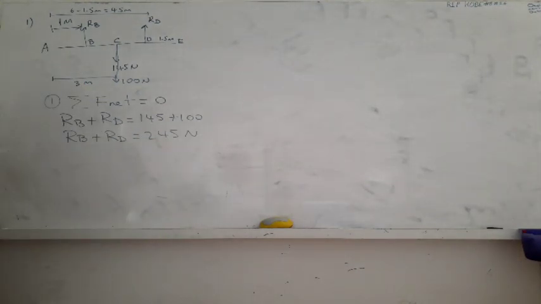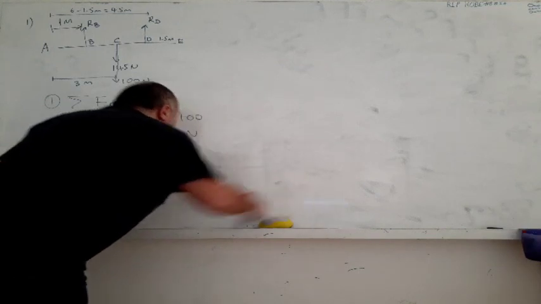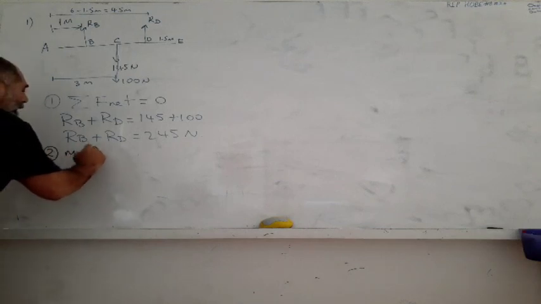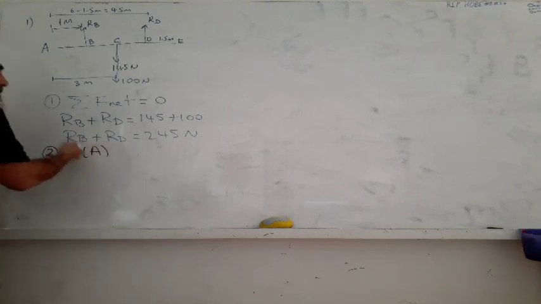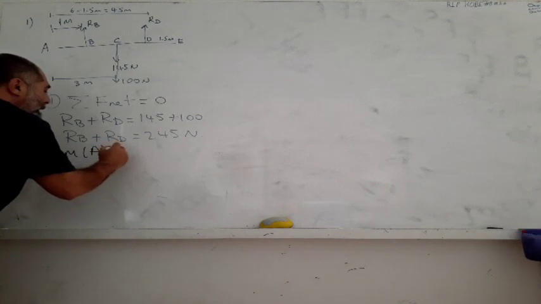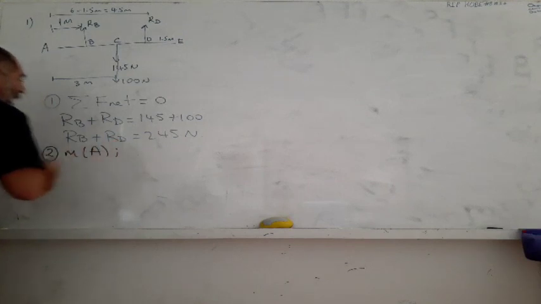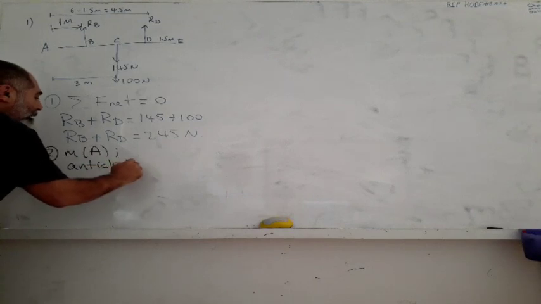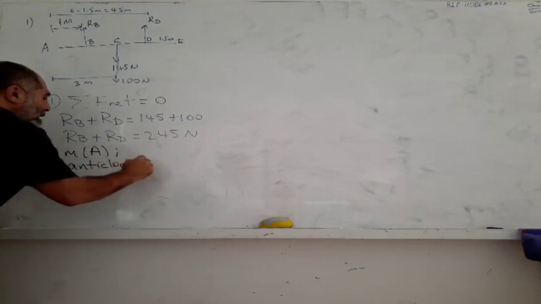Now let's apply the second rule. Moment about A. That symbol here means moment about A. Anti-clockwise moments must be equal to clockwise moments.